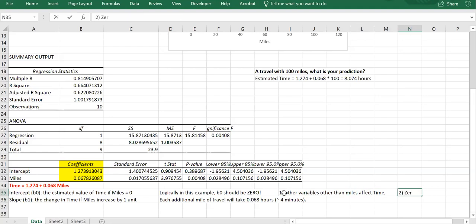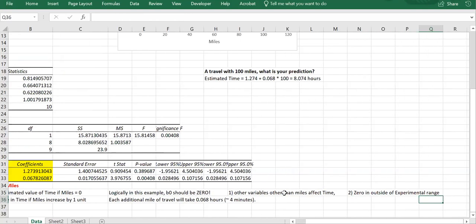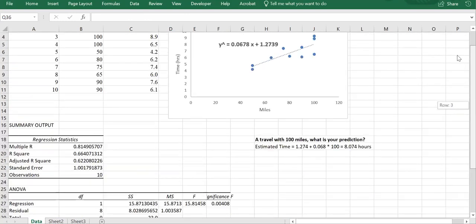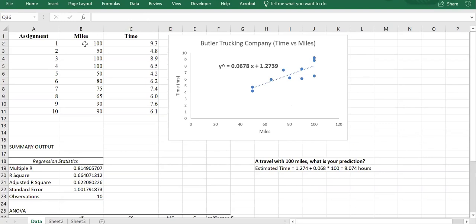Actually, 0 is outside of the experimental range. The experimental range is the range of the independent variable that we are using to make predictions. So the range of X, the range of miles, is between 50 and 100, the minimum and maximum of X.